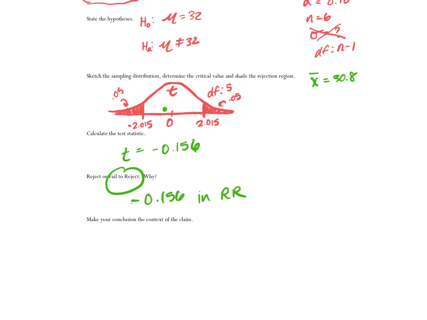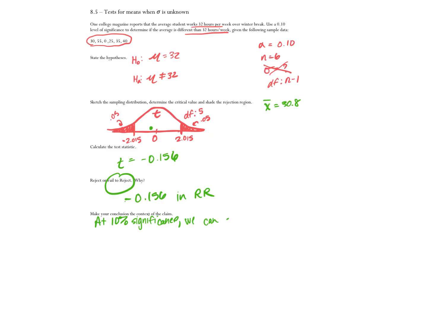It might be like your sample mean over here is like 38. That's good evidence that the alternative is correct. All right, so at 10% significance, we can support the magazine's claim, which, by the way, was in the null.